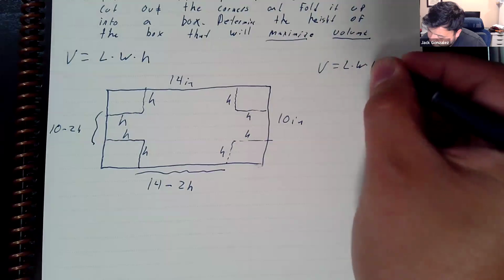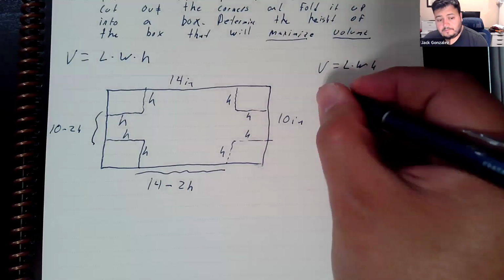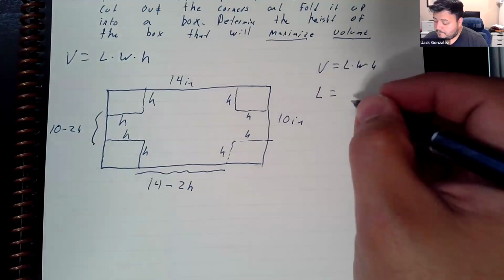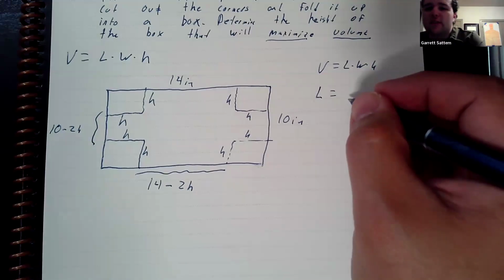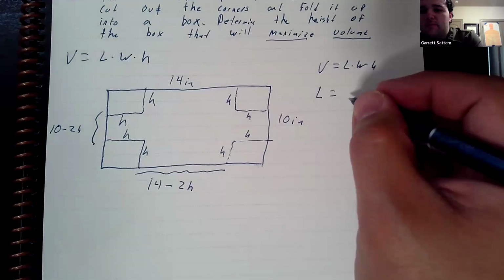Then what is length equal to? The length of the box, I would say, is not the piece of cardboard. I would say the length would be width times height divided by volume.